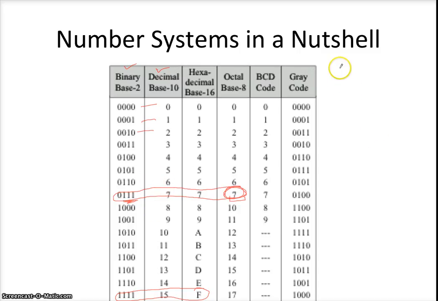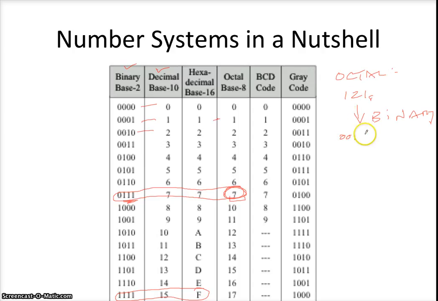So let's say you have an octal number, 121 base 8, and you want to convert it to binary. 1 is in the octal base set, and 1 is still equal to 1, so you're going to use 0, 0, 1. That's the first symbol.